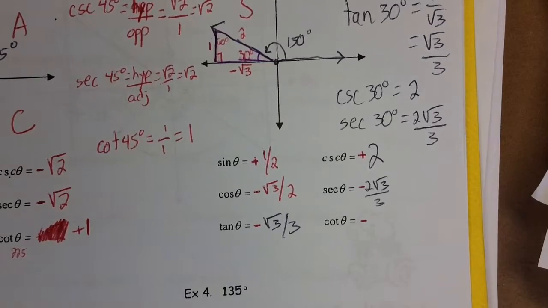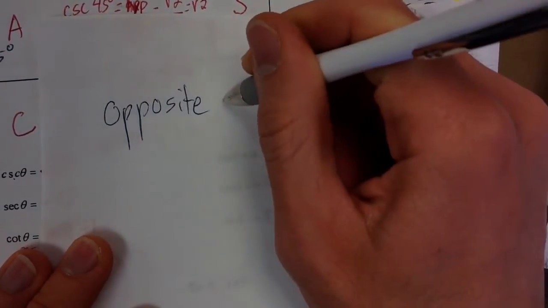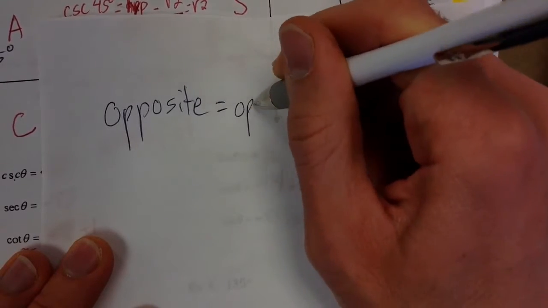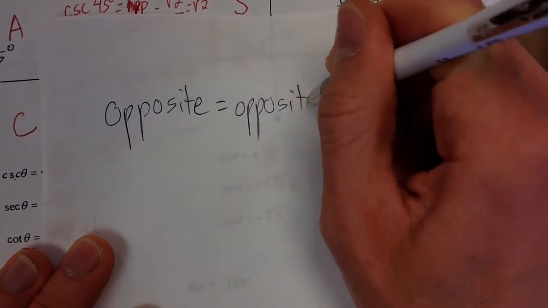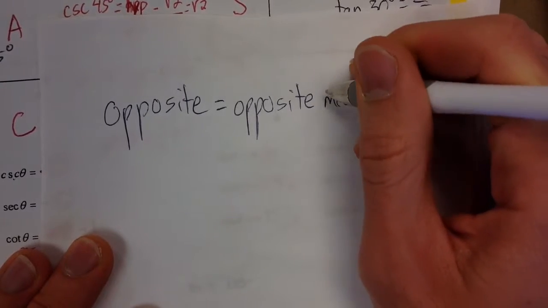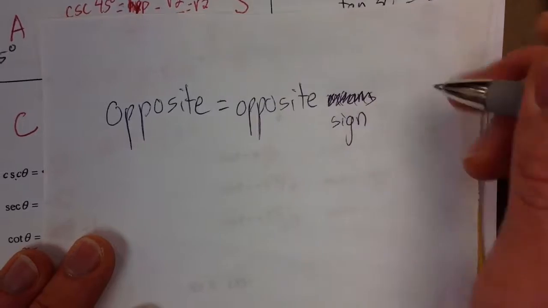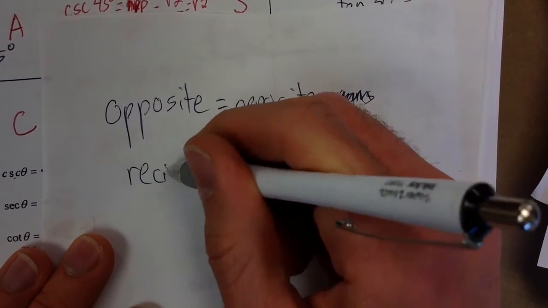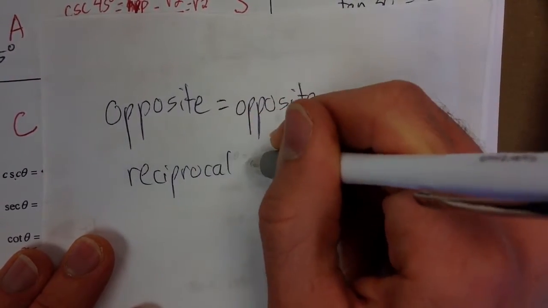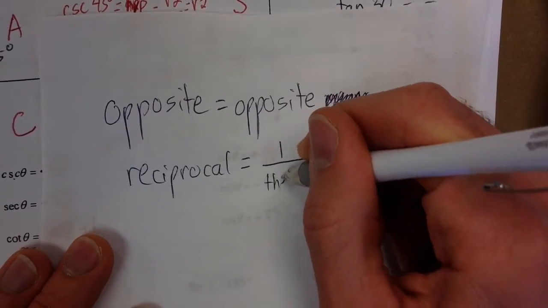So for you and everyone else, in math, opposite means something very specific. That's why I was confused. Opposite sign, sorry. Reciprocal means 1 over the number.